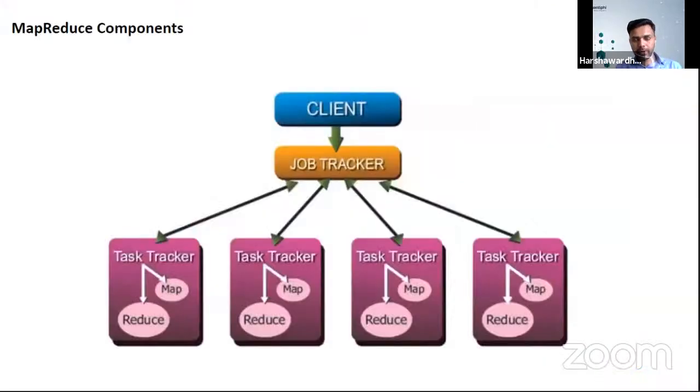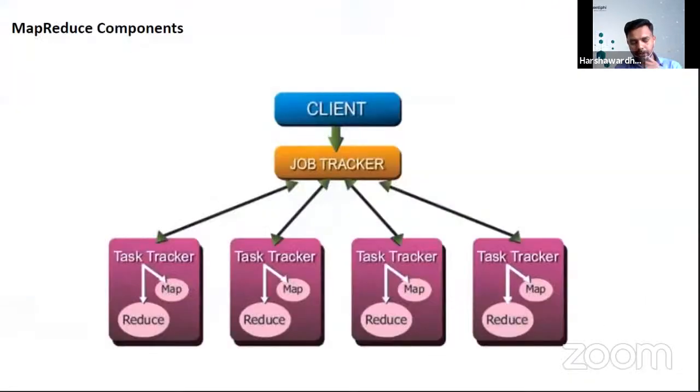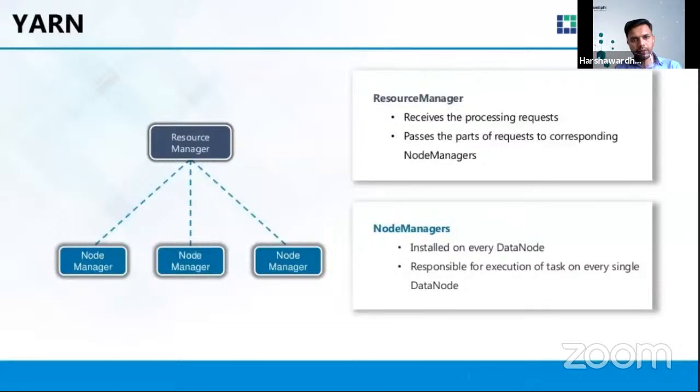The second component is MapReduce. But before that, you must have observed there is this slide on YARN. To understand YARN in detail, you need to understand MapReduce in detail, so I'll just quickly explain. In Hadoop 1.x, there wasn't YARN. It was only MapReduce. And in Hadoop 2.x, there is YARN. Now, what is YARN?